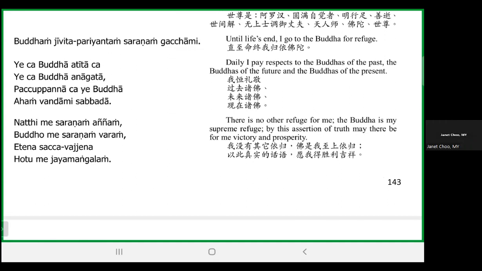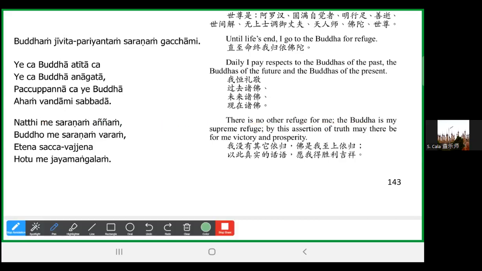Ye ca Buddha atita ca, ye ca Buddha anagata, paccuppanna ca ye Buddha, aham vandami sabbada. Where is the verb here? Vandami. What's the meaning of vandami? Salute, worship. Yes, worship or pay respect. Okay, so you already did gacchami is a verb, vandami is also a verb.